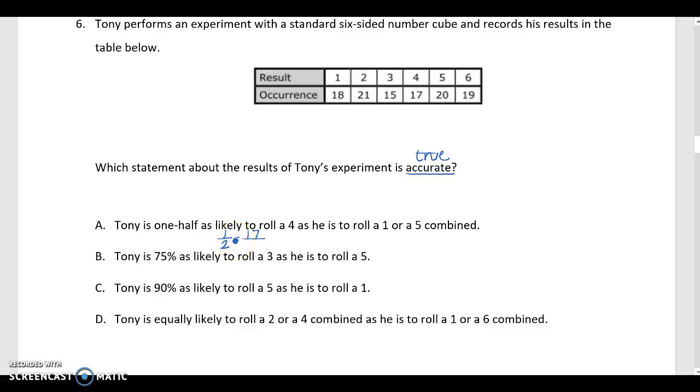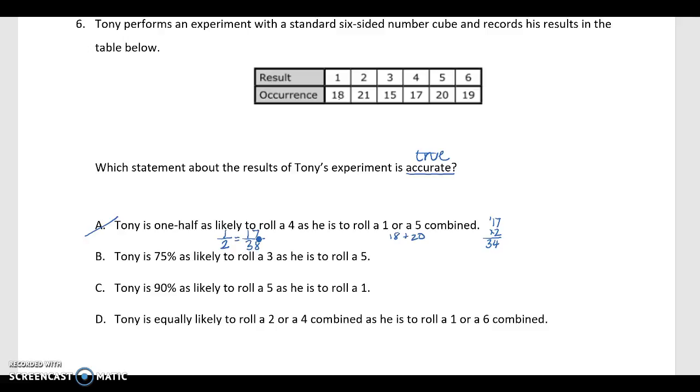So 1 or 5, so 18 plus 20. 20 plus 18 is 38. So is 17 half of 38? Well, 17 times 2 is 34. So no, it's not exactly half.